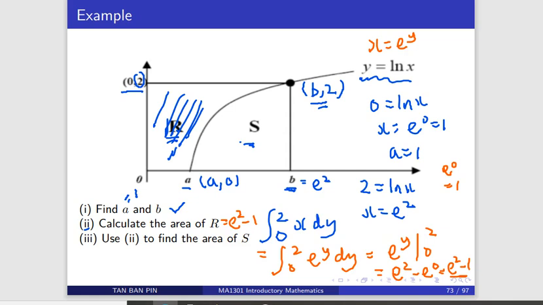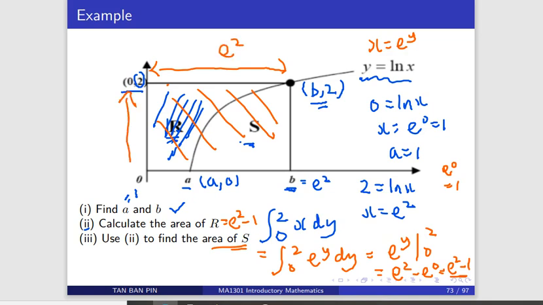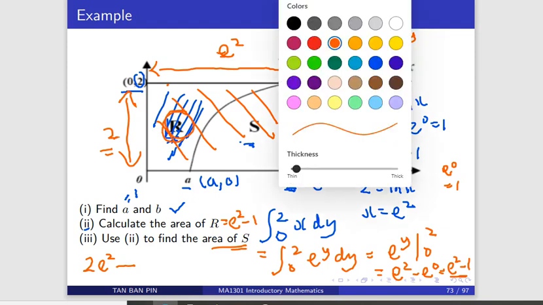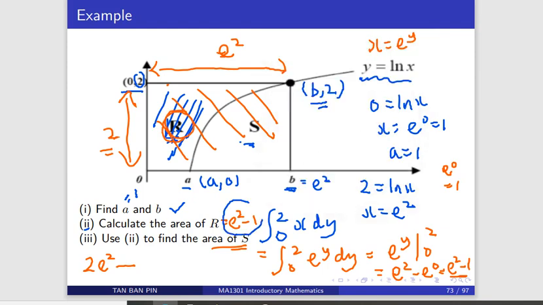Next, we want to find area S. To find area S, you just find the area of the rectangle. The length is e squared. The height is 2. So the area of the rectangle will be 2e squared. And then you minus area R. Area R is what we just found, e squared minus 1.